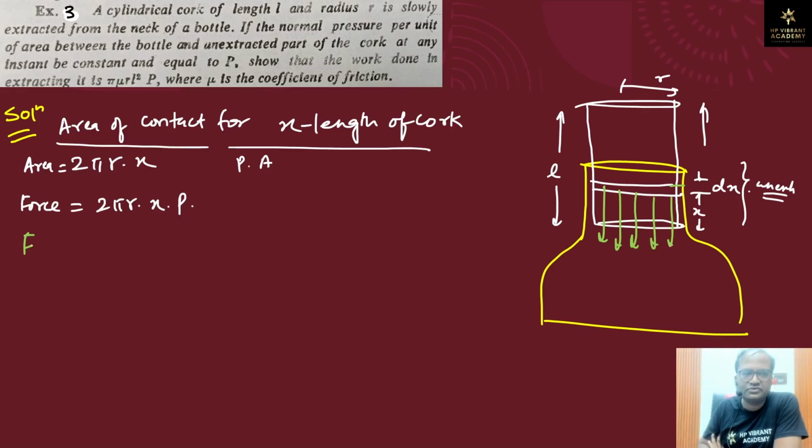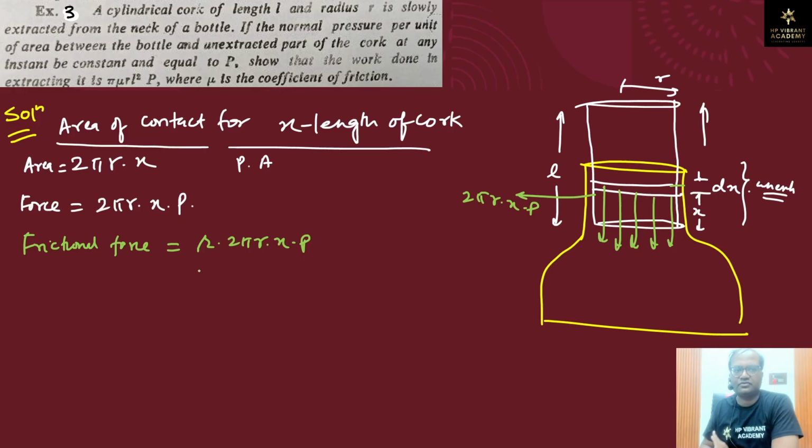So the frictional force is equal to mu times the normal force. The normal force is 2 pi r x into p. So we have mu into 2 pi r into x into p. This is the frictional force.